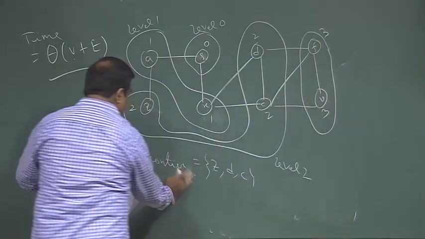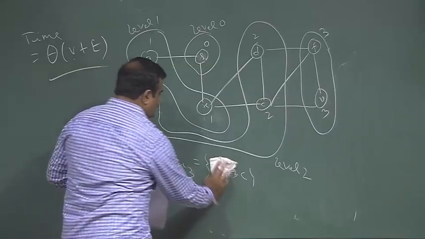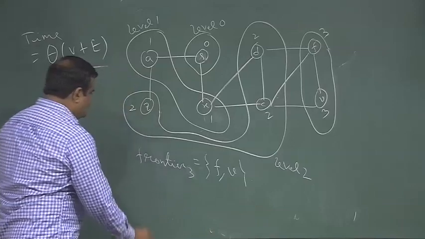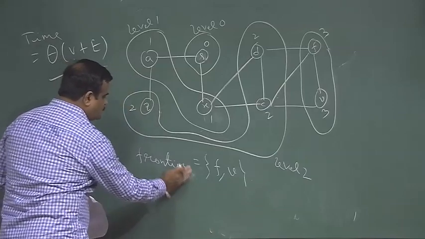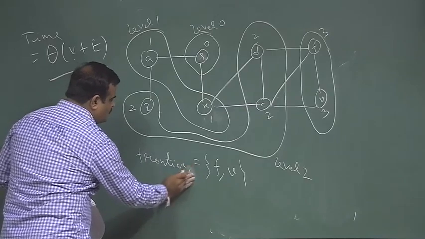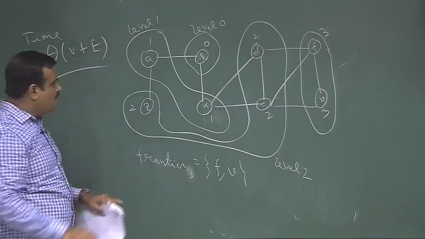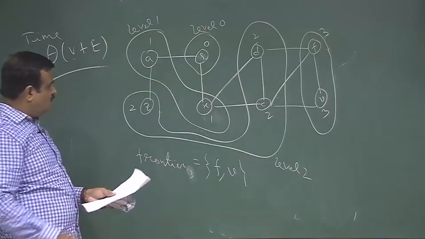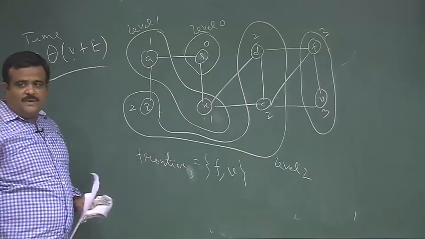So, basically frontier 3 is basically F comma P, and this is basically level 3 vertices. Okay. Now, i is 4. Now, if we put the arrow for this parent, we have a parent pointer.